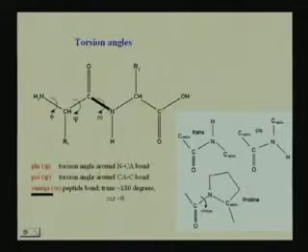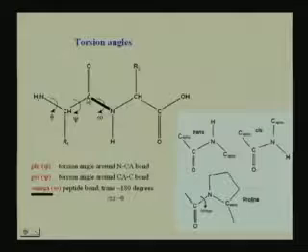Okay? Let us do it again. If I want to define rotation about the N C alpha, you recognize that this is a C alpha. If I want to define the rotation about this N C alpha, I have to go one atom before it and one atom after it. It's just like doing H, O, O, H. What is my definition?